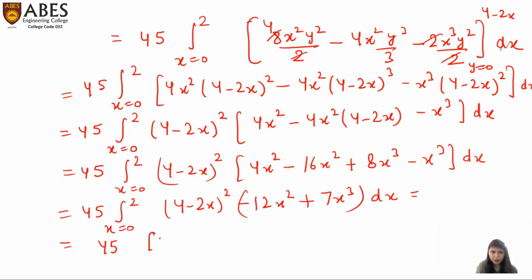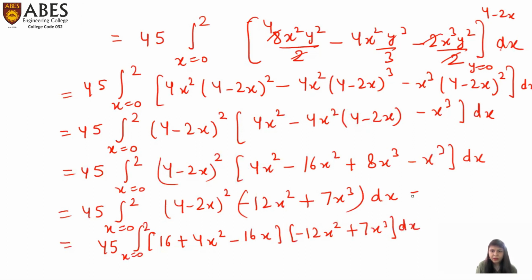A minus b whole square is a square plus b square minus 2ab, 16x, into minus 12x square plus 7x cube into dx. So when we simplify this value, we will get the answer 128, and that is the answer of the volume integration.